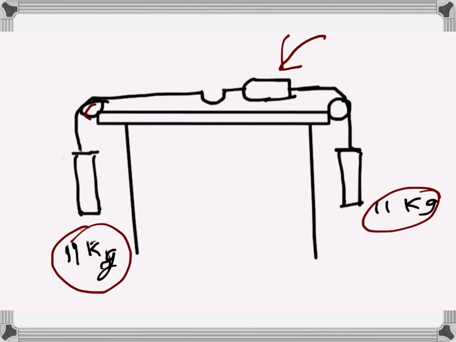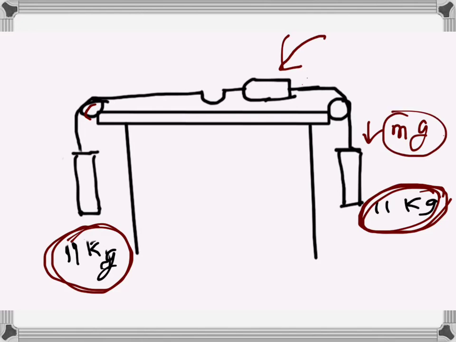Here the wall is replaced, and the supporting force is provided by this mass that is hung here. But the reading of the scale will still correspond to the weight force of the mass that is hung here, like before. So again, this one is giving mg weight force downwards, and the scale will correspond to this weight force.